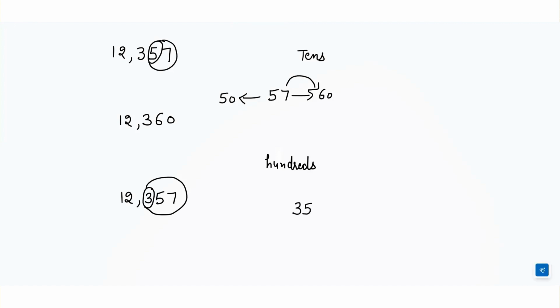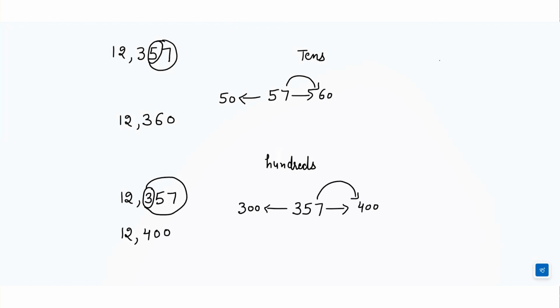Now we have to see that 357 is close to 400 or is it close to 300? So you can see that this number is close to 400. So in place of 357, we'll write down 400. That means 12,400 is the answer if I have to round off this number to the nearest hundreds.